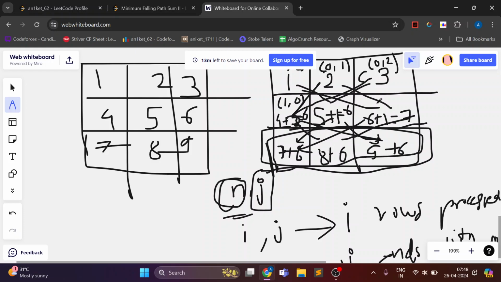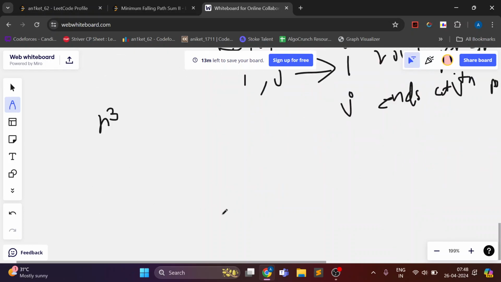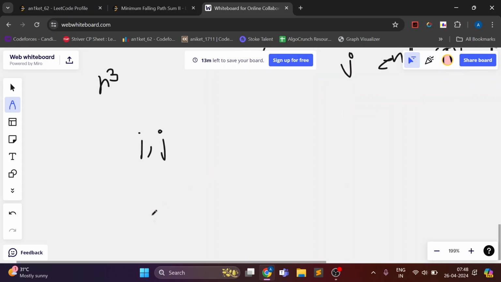Now I can do this in an n cube type of solution. So whenever I am at the i, j position, at the jth column, I will iterate in the i minus 1 row dp vector for j1 from 0 to n.